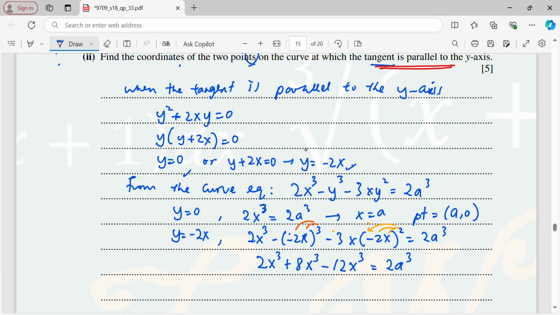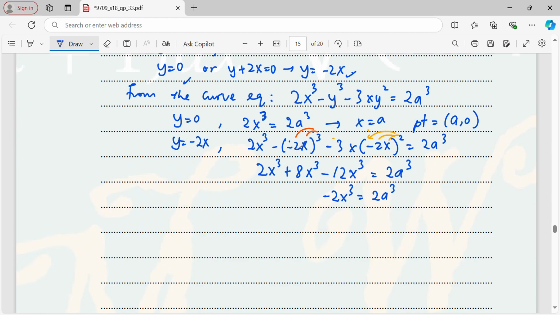So for the left hand side, 2 plus 8, 10. 10 minus 12 is minus 2. So I'm getting minus 2x cubed equals 2a cubed. So obviously, your minus x cubed is a cubed. That means now your x is minus a. Okay, so now my point will be with coordinates. No, sorry, not yet. I need to find my y value. So when x equals minus a, my y is minus 2x.